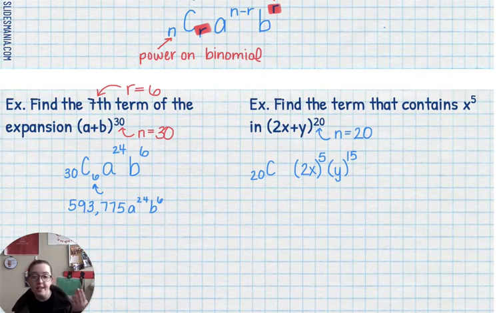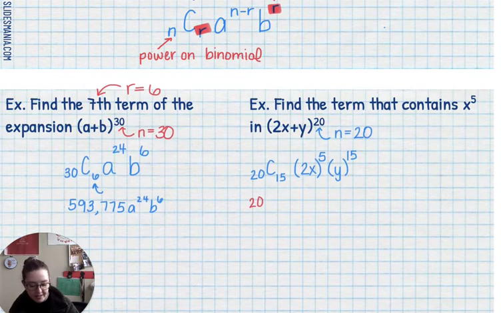Now, since y is my b term, that means the power on y matches my choose whatever. So since I have y to the 15th, that means I have 20 choose 15. Now we're going to have to start simplifying. So in my calculator, I'm going to have to take 20 choose 15.